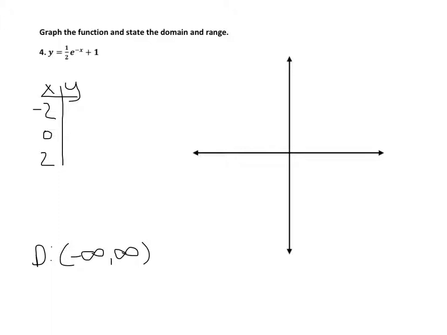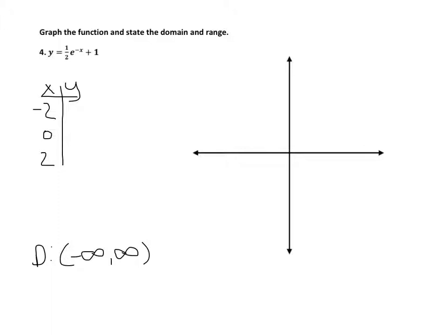So let's just go ahead and use your calculator to graph it. It's second natural log button for those of you with the TI-83 or 84. Just make sure you're using your calculator correctly here.